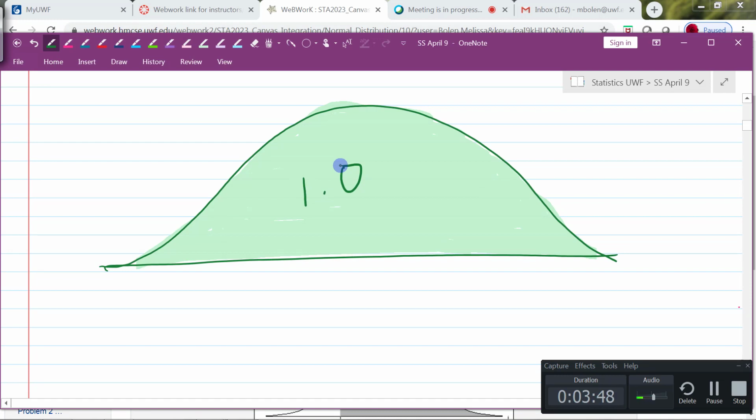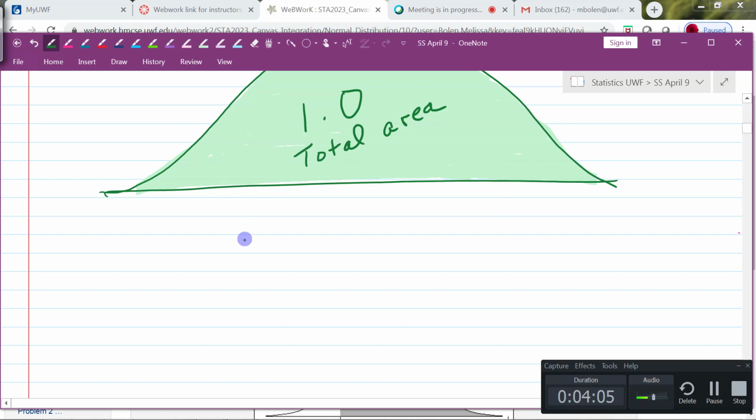The whole area, the sum, the total area. This is total area. Okay? And what we do is we say that we're going to let the area under the curve represent the probability of an event. So in essence, what we're saying is the total area equals the probability.